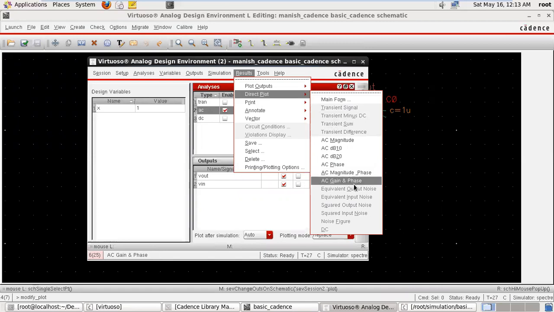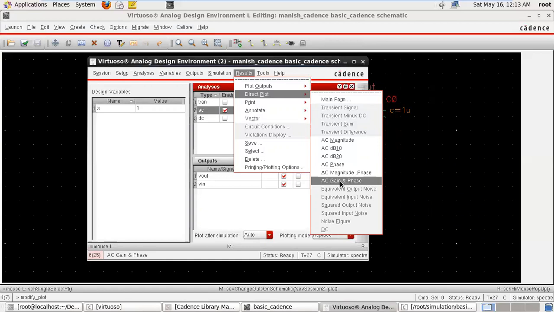And AC gain and phase is the gain, meaning the ratio of output to input, and the phase. So the difference is that in AC magnitude and phase we find the voltage magnitude and phase at a particular node, while in AC gain and phase it is the ratio of two node voltages, the gain, and the phase.